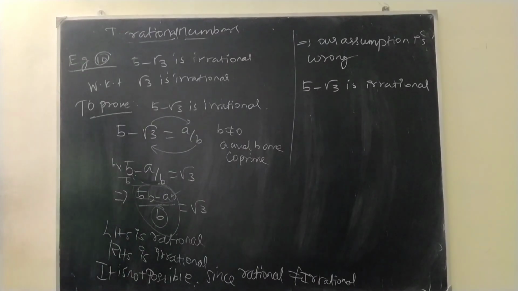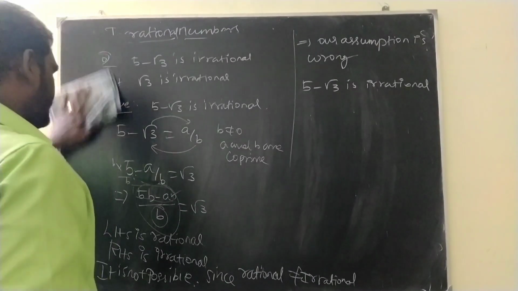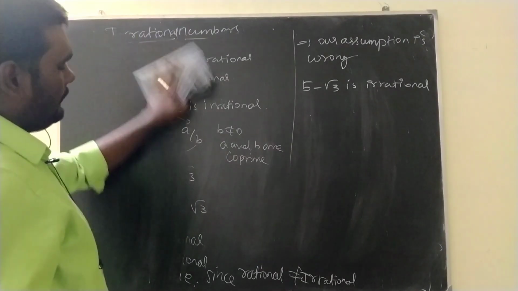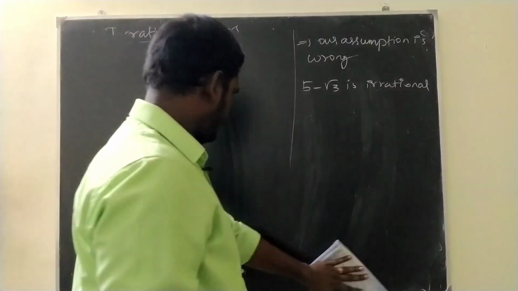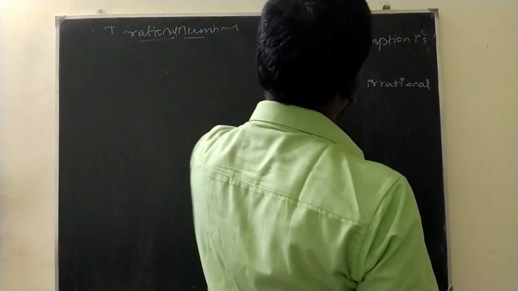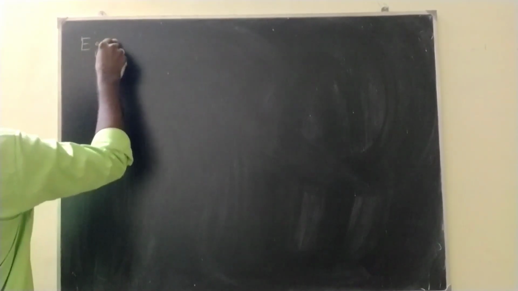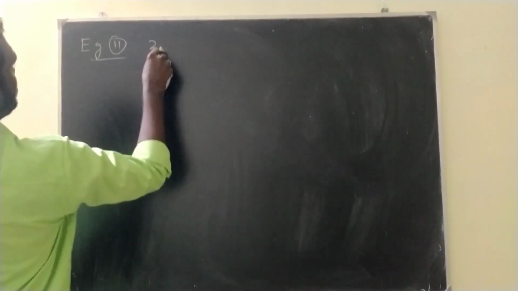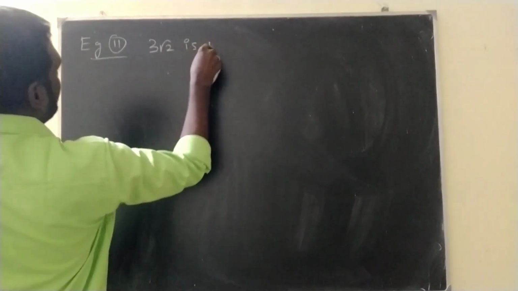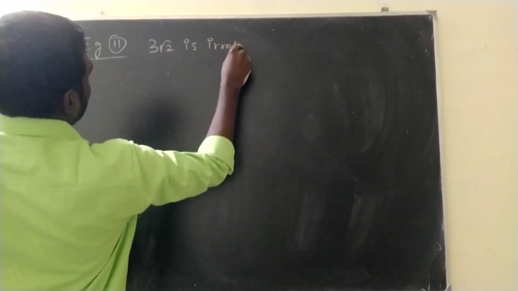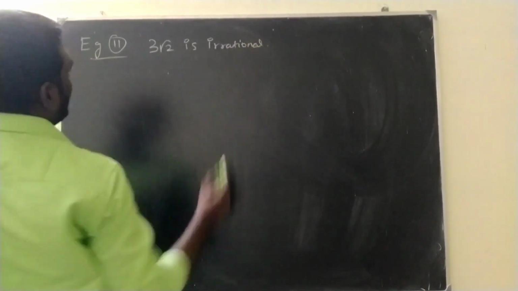So next, 3 root 2 is irrational. Example 11. Root 2 is irrational.